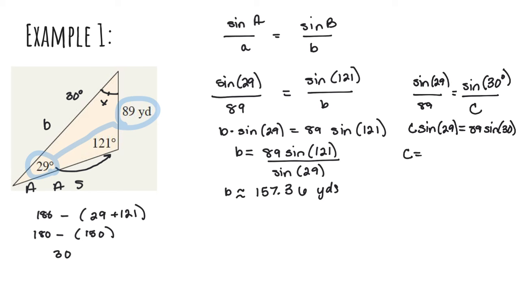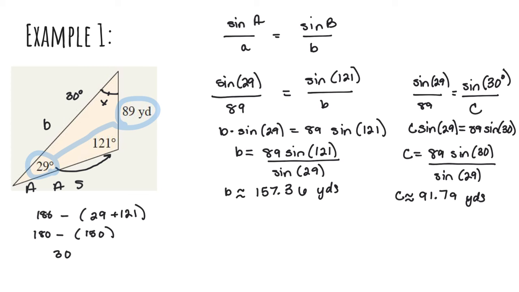Solve for C by dividing both sides by sine of 29. Type that in the calculator and get an answer of approximately 91.79.